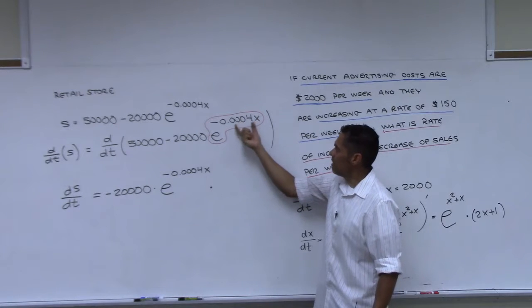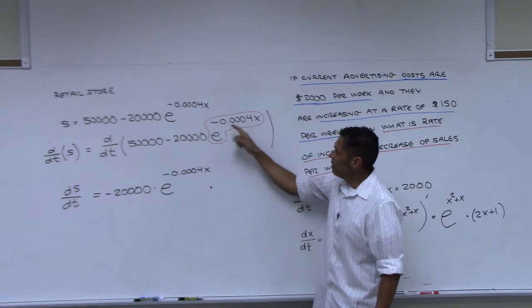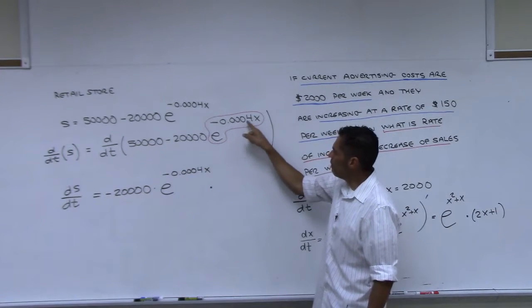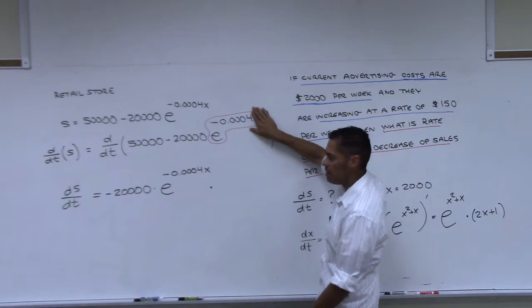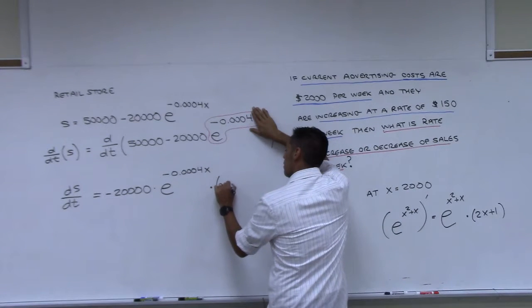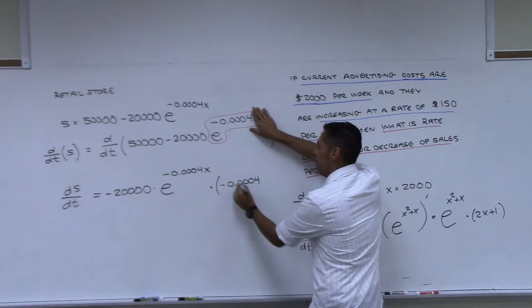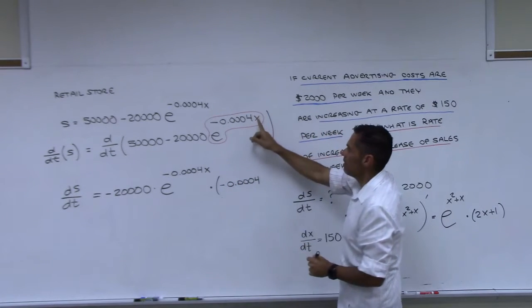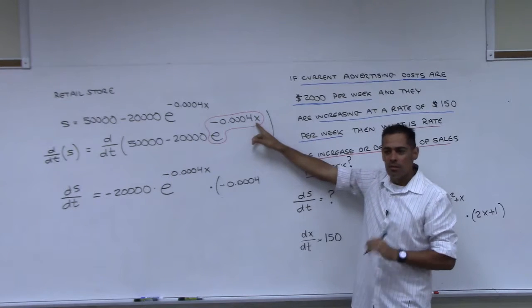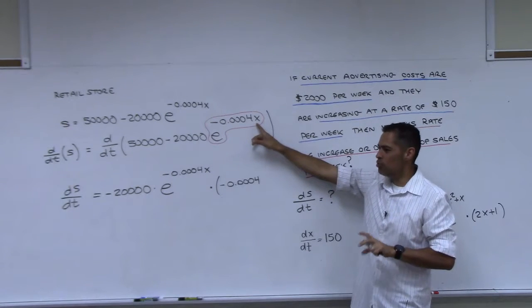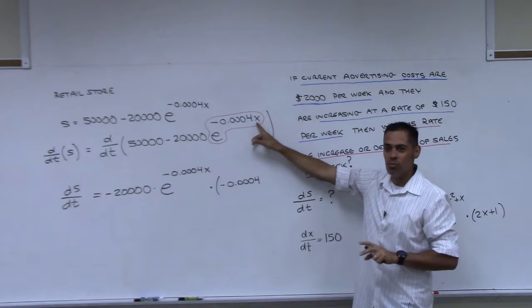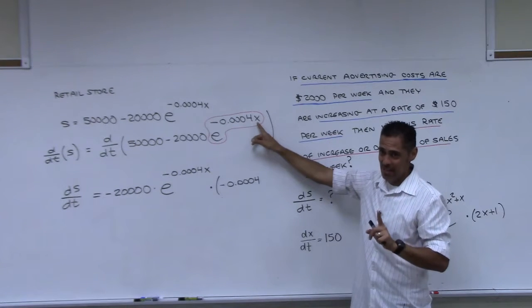Now, when you take the derivative of what's up here, this negative 0.0004 is like a constant, so it's going to come along. So I'm going to put negative 0.0004, and then I need to take the derivative of x. dx/dt, right?